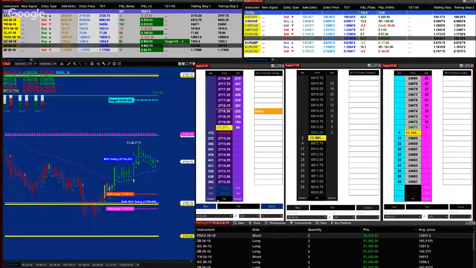I'm trying to get one before 12 o'clock because at 12 o'clock nothing is going to happen. So hopefully we can still squeeze one more trade.